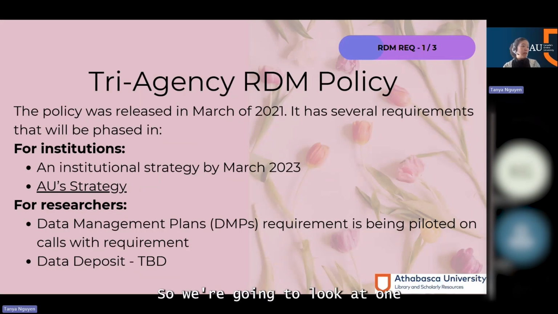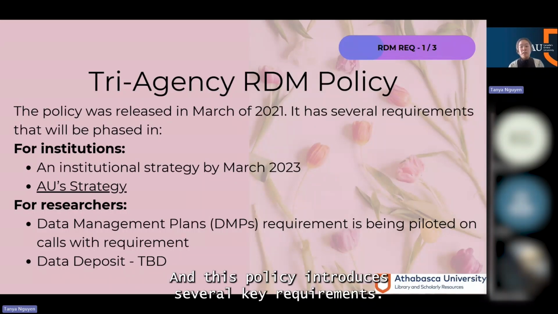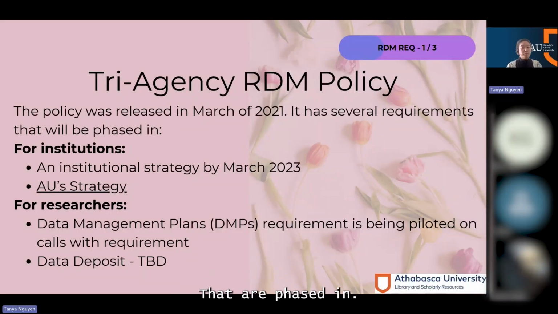So we're going to look at one example of a funding agency. So the tri-agency RDM policy is a significant development in research data management. It was released in March of 2021, and this policy introduces several key requirements that are phased in, and we'll break these down.